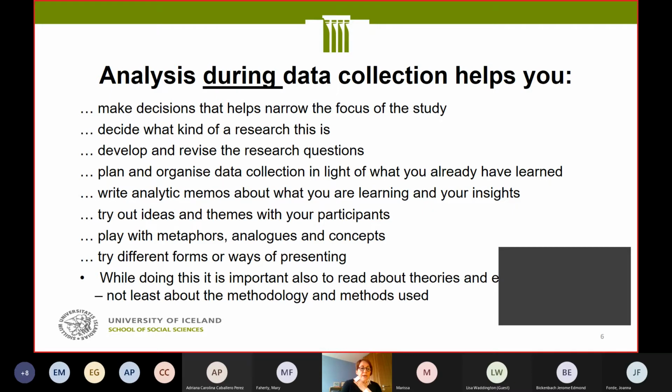time. And I'm going to talk about analytic memos later on, but analytic memos are ways of writing about what you're learning and to keep track of your insights. So it's really essential that we write down the insights and understandings that we are developing.